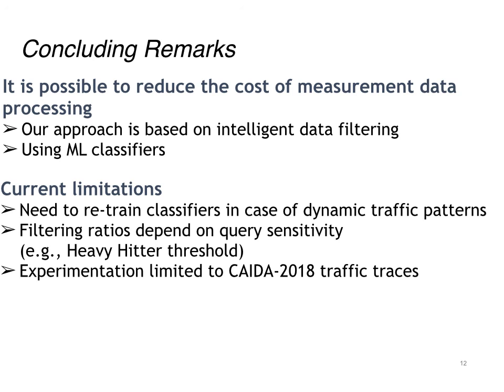First, in the case of very dynamic traffic patterns, there might be the need to retrain classifiers much more frequently. Another limitation is that the filtering ratio, the amount of data that can be safely filtered out, depends on the query sensitivity, for instance on the threshold used to say whether a source IP is a heavy hitter or not.